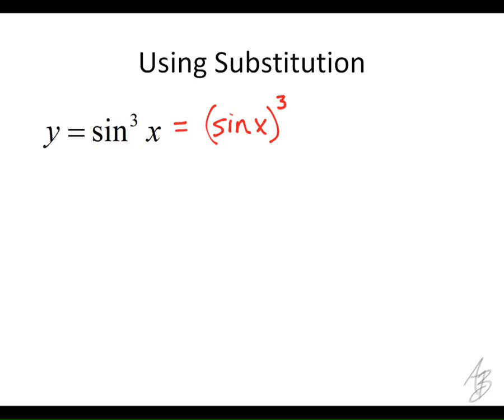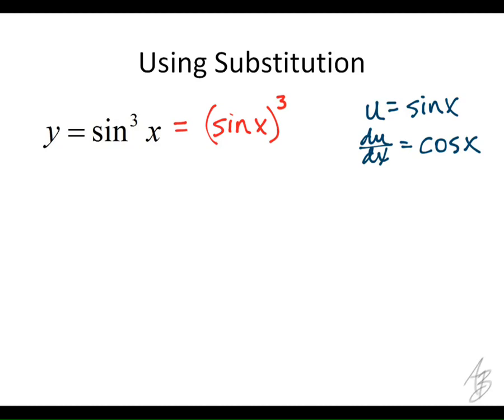Now, this problem is actually really, really similar to the last one because it was just a function to the third power. So the derivative, we're going to use u equals what? Okay, so u equals the sine of x, which means that the derivative of u with respect to x is going to be what? Cosine of x.